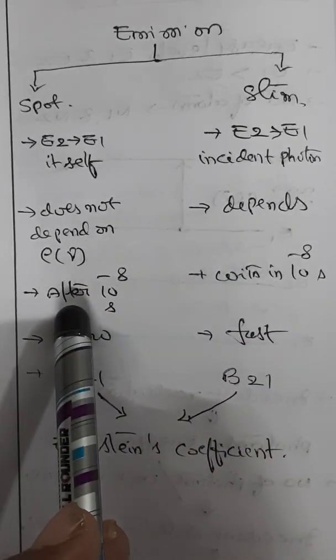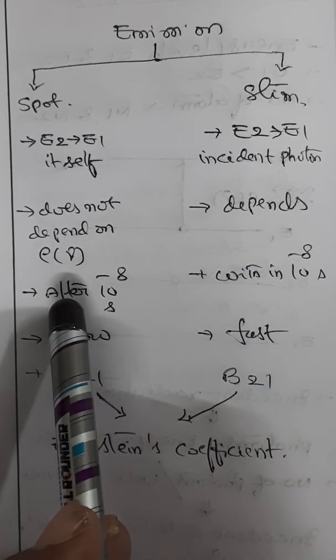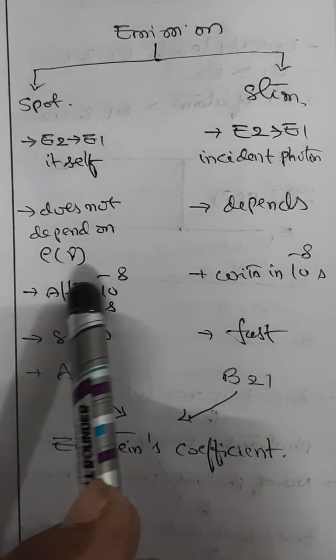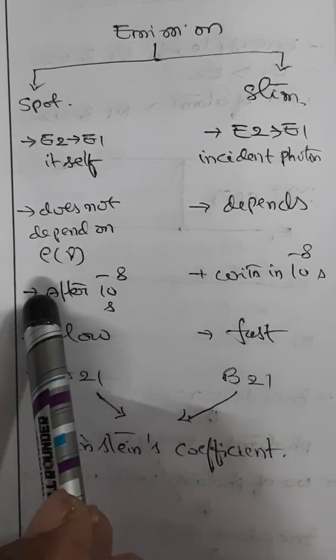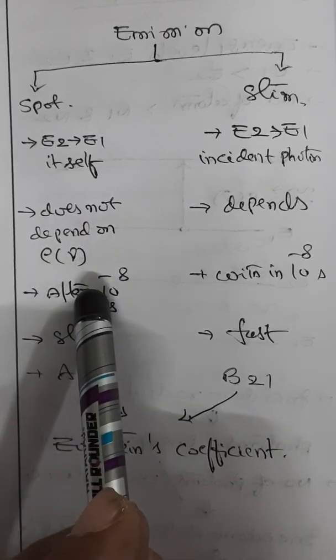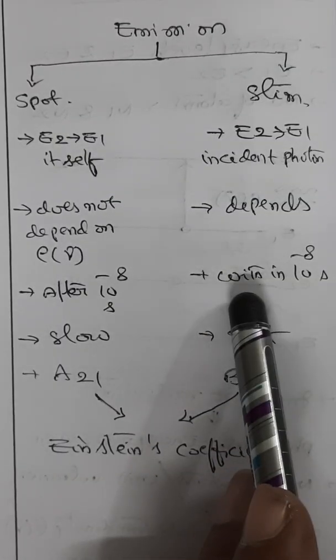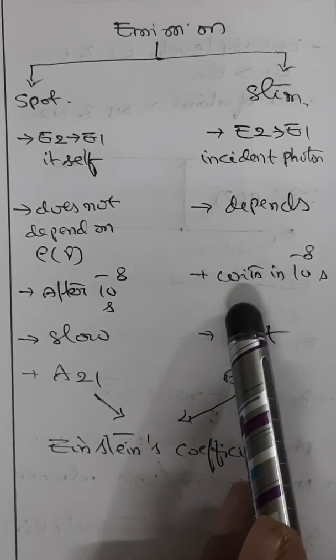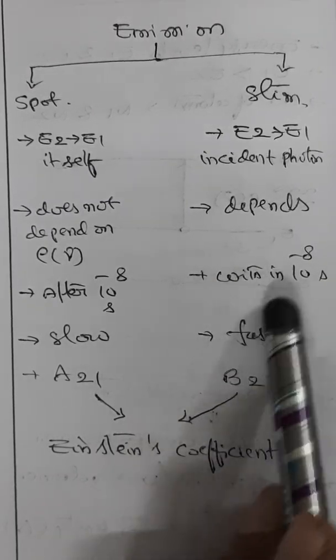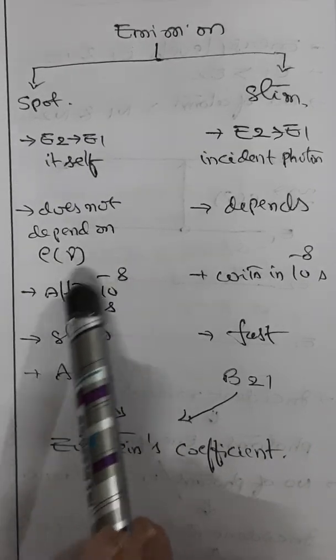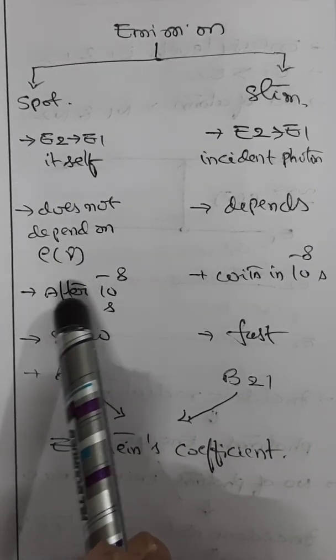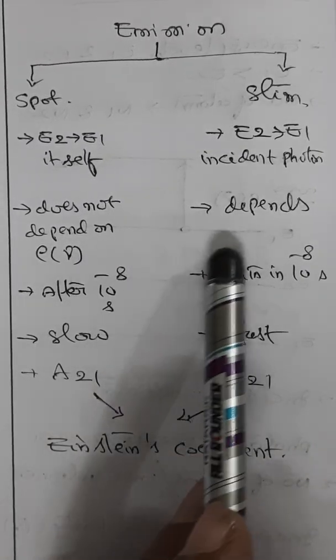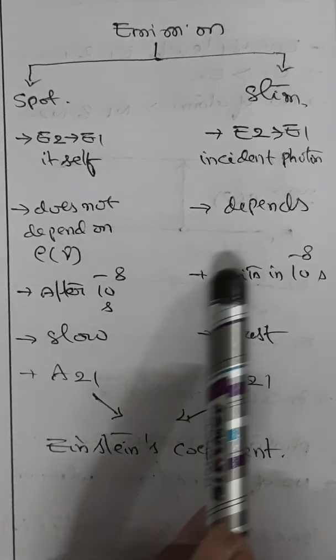And the third difference: spontaneous emission takes place after 10⁻⁸ seconds. That is, after the lifetime only it will take place. Whereas stimulated emission takes place within the time of 10⁻⁸ seconds, that is, within the lifetime.